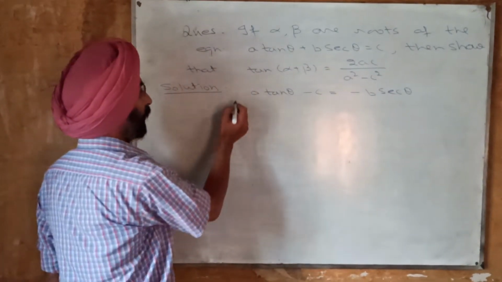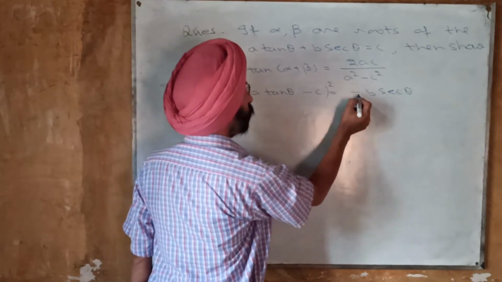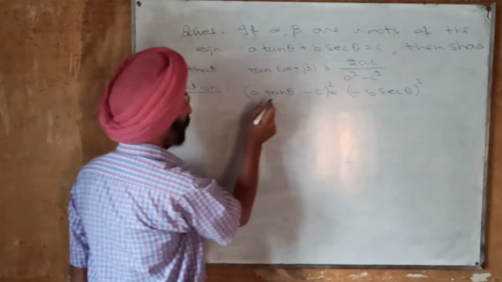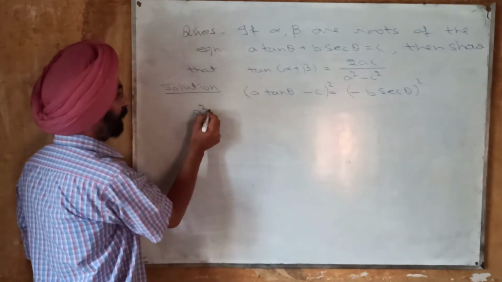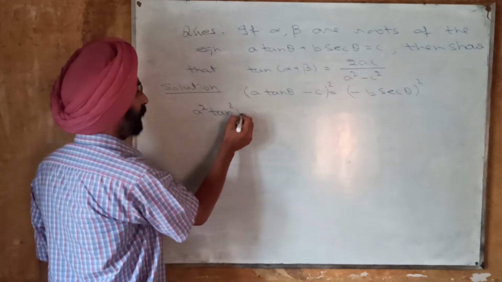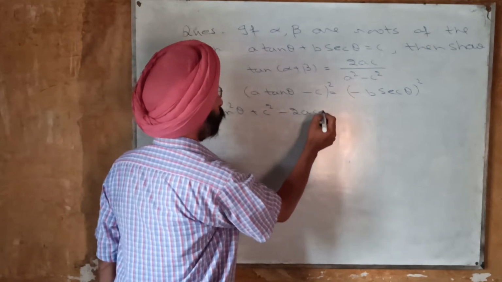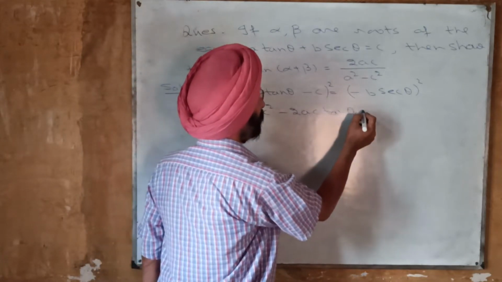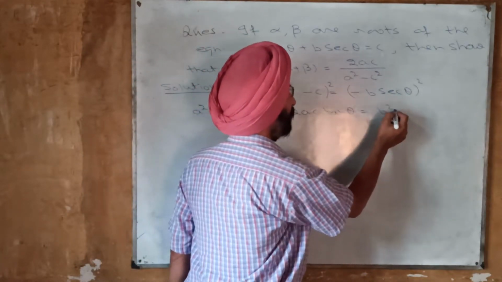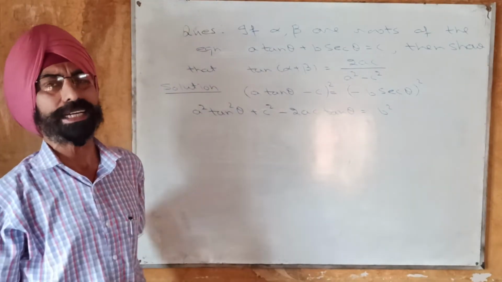And now square both sides. Here you will get a square tan square theta plus c square minus 2ac tan theta is equal to b square secant square theta.